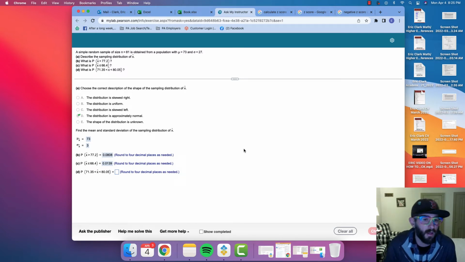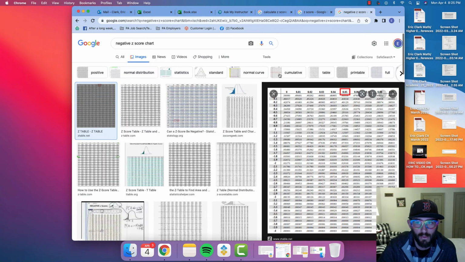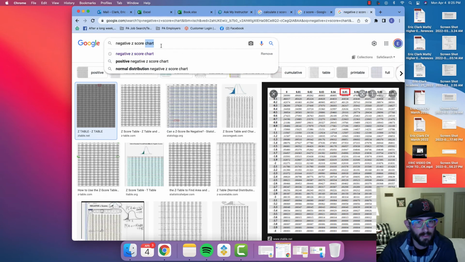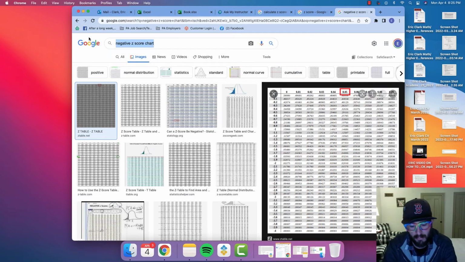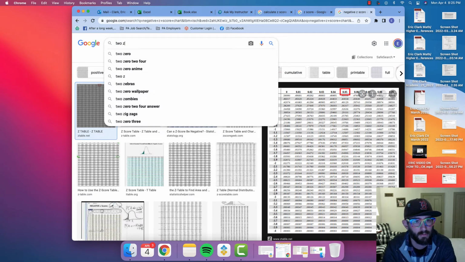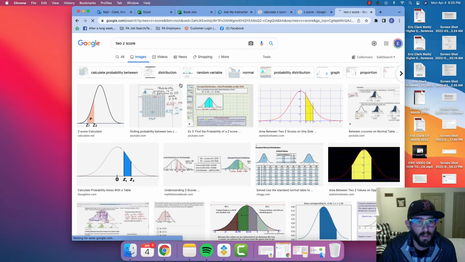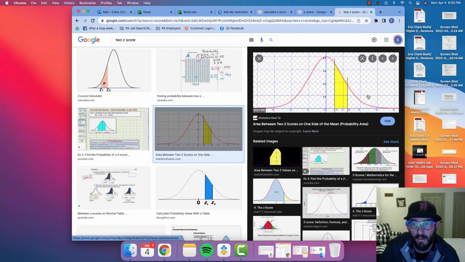And then this part D is going to be a little bit tricky because really what we're looking at is 2 z-scores. Let's see if I can get a picture of what that could look like. Okay, so this right here is an example of what we're looking for. If we're looking for the probability that it falls between 2 z-scores, we need to find the upper limit.